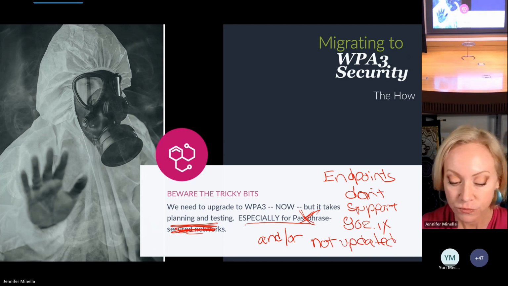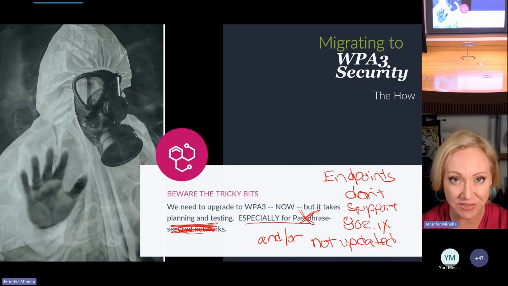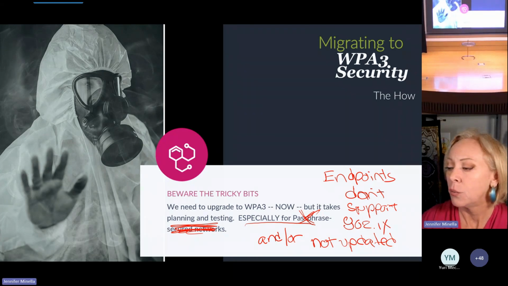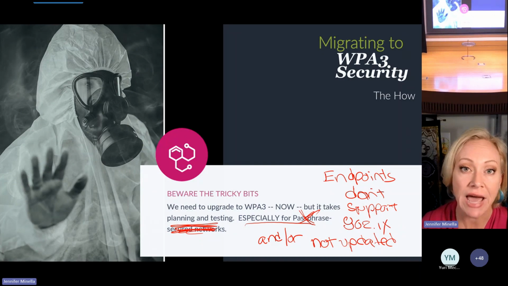Now, if we take that definition of these are the things that are hard, the reason I want to differentiate it is because if you have Windows devices and Apple devices and Chromebooks and normal endpoints and laptops and tablets and phones on a passphrase network, you're probably not going to have a lot of problems with those.